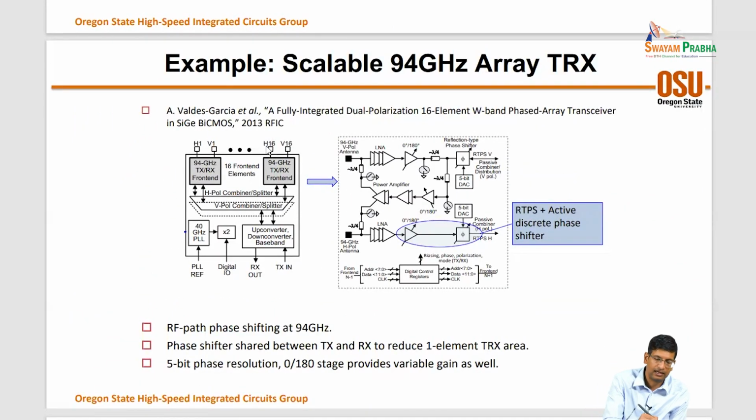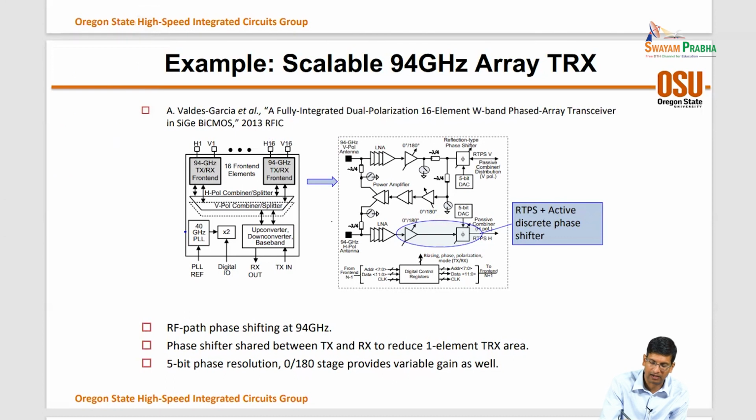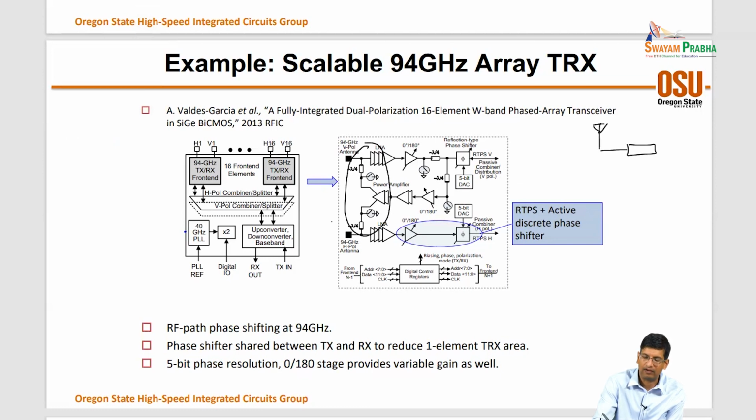But in this case, since the TX and RX were on the same IC, we had TX RX switches that were included, right? And a popular approach at these frequencies to do TR switches is that you have the antenna and then you have a lambda over 4 line, a lambda over 4 line, right?